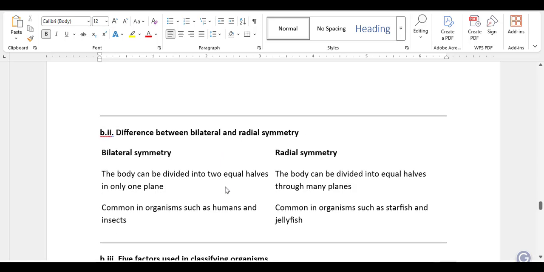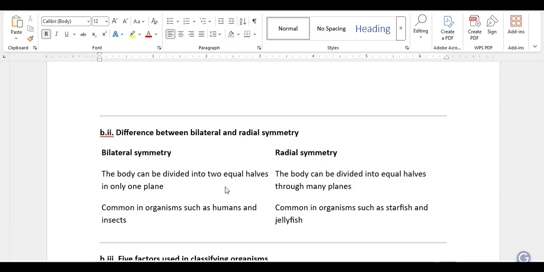Then B, I will look at some differences between bilateral and radial symmetry. In bilateral symmetry, the body can be divided into two equal halves in only one plane, whilst in radial symmetry, the body can be divided into equal halves through many planes.